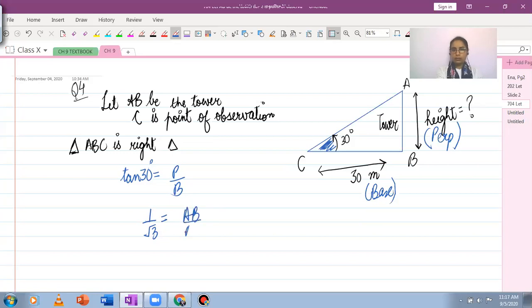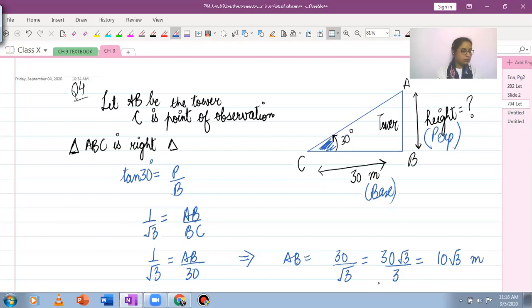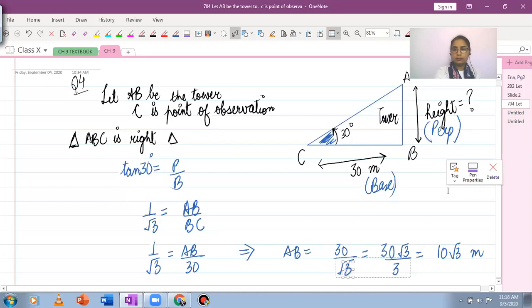Perpendicular is AB, the height of the tower, and base is BC. Rationalize the denominator. So this will be 10 root 3 meters. The height of the tower is 10 times under root 3. If you want, you can give the answer at the end.